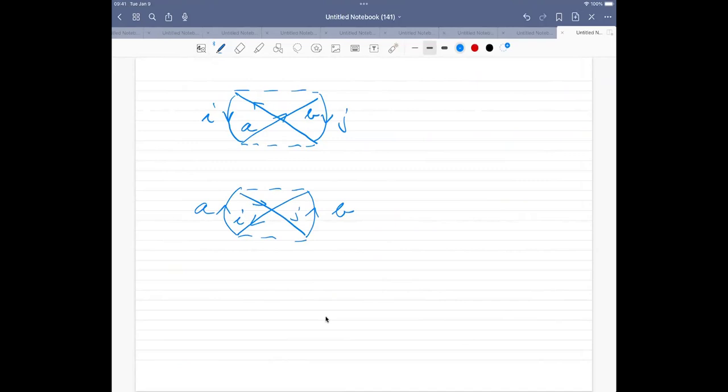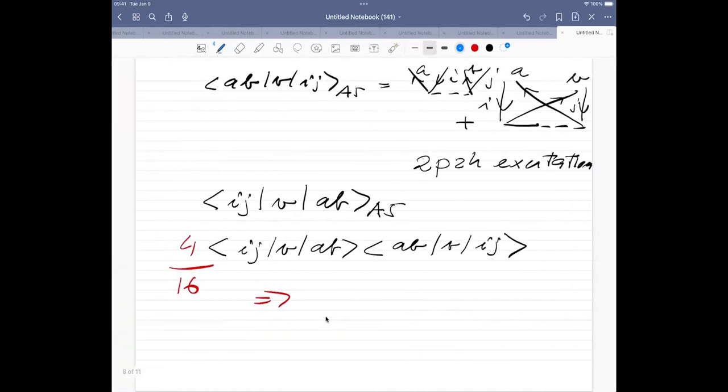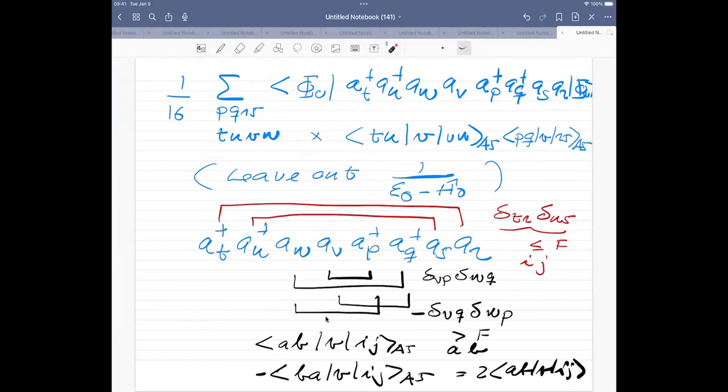And then there has to be a final one where we have also interchanged A and B, which corresponds to the contraction which you see here, the one where AT goes to S and AU goes to AR.